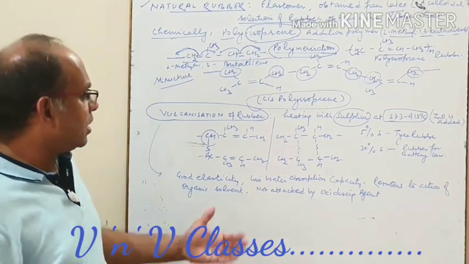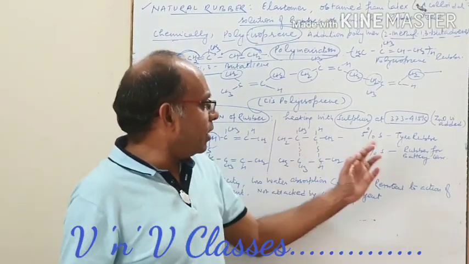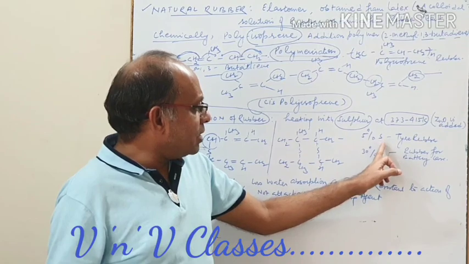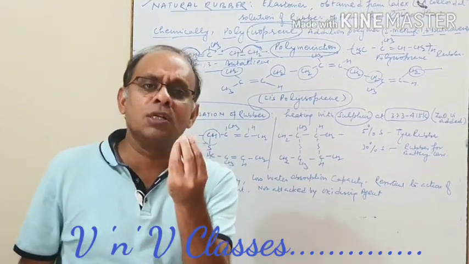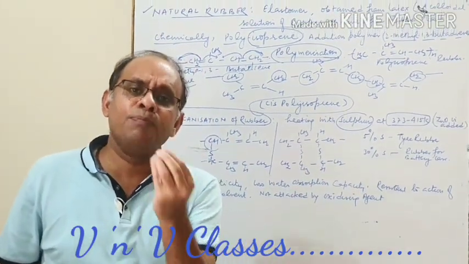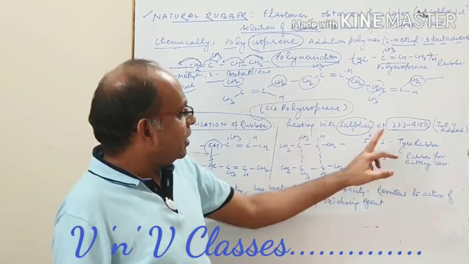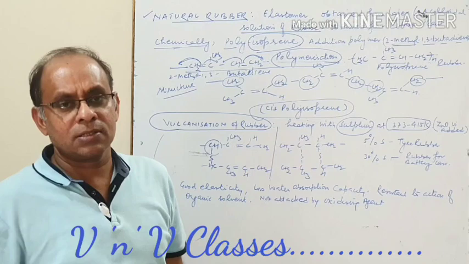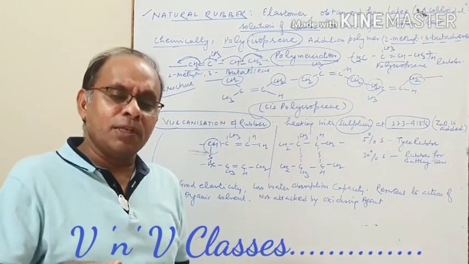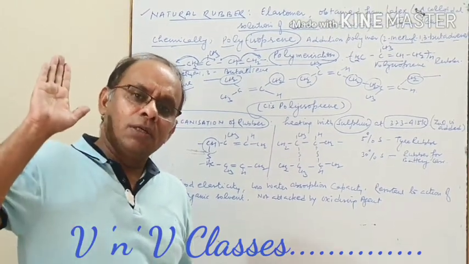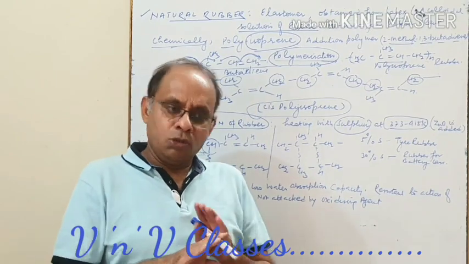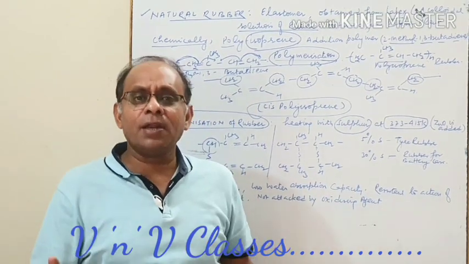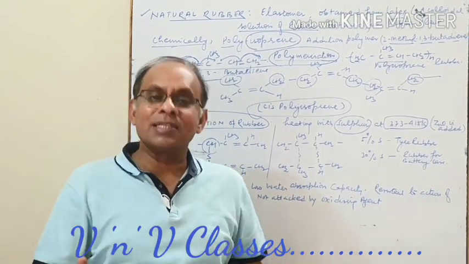It is better, it is tough, harder. And remember, if natural rubber is heated with only 5% sulfur, you get the rubber which can be used to make automobile tires. And if natural rubber is heated with 30% sulfur, we find battery cases.